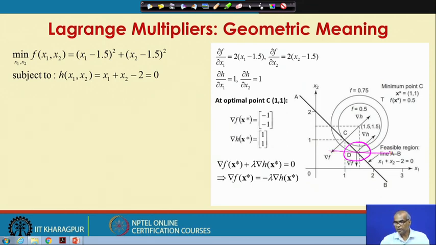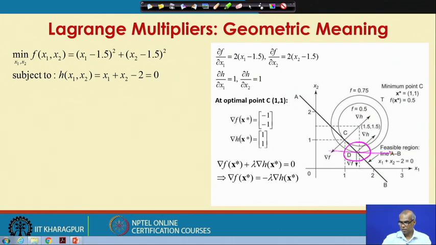But now you see that delta f and delta h are not lying on the same line. This will happen only when the point is optimal. So at points which are not optimal, the gradient vector and the constraint vector are not lying on the same line.